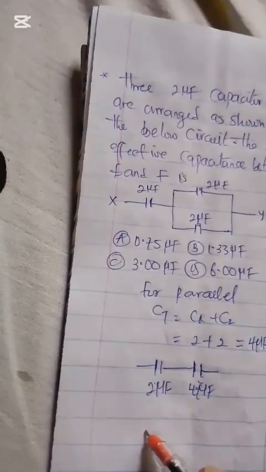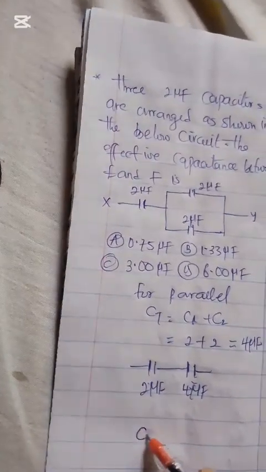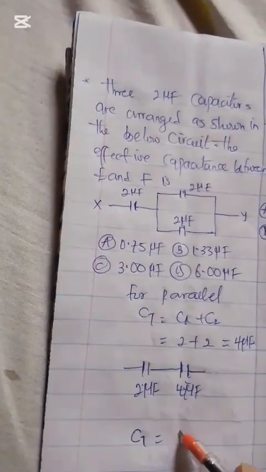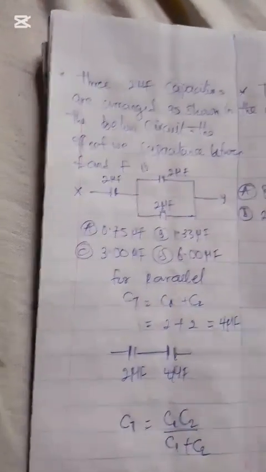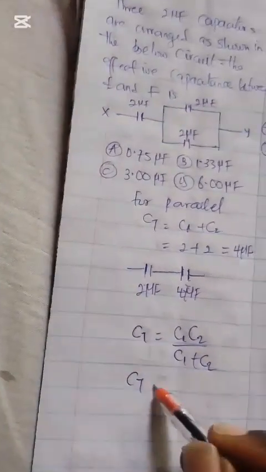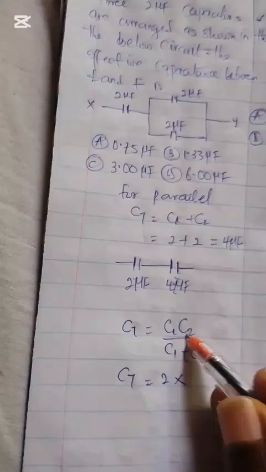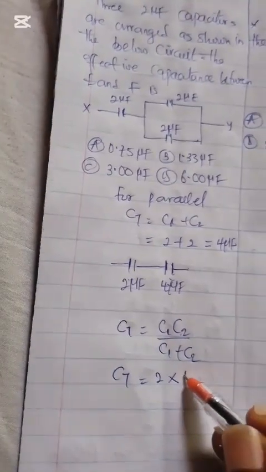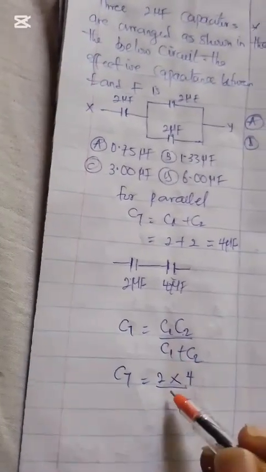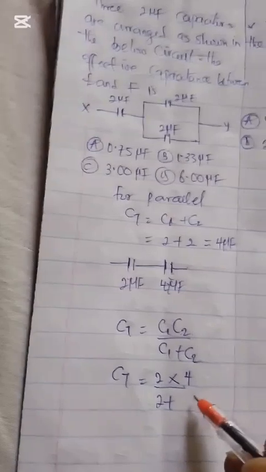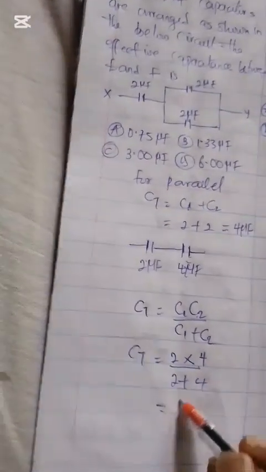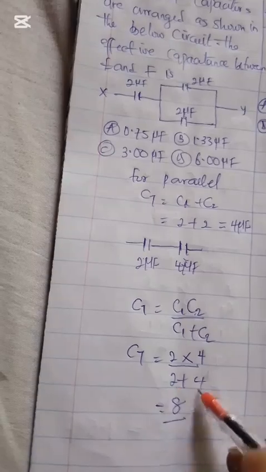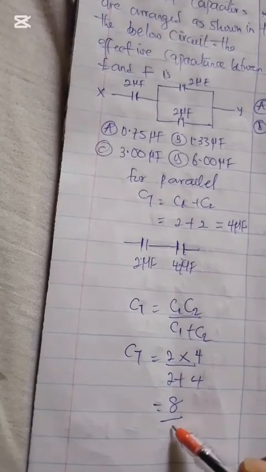So if they are in series, for you to solve series, you can also use C equal to product over sum, which is C1 C2 divided by C1 plus C2. So Ct will be equal to, what is my C1? I can say 2 microfarad times, what is my other one? 4 microfarad divided by 2 plus 4. 2 times 4 will be 8, and 2 plus 4 will be 6.